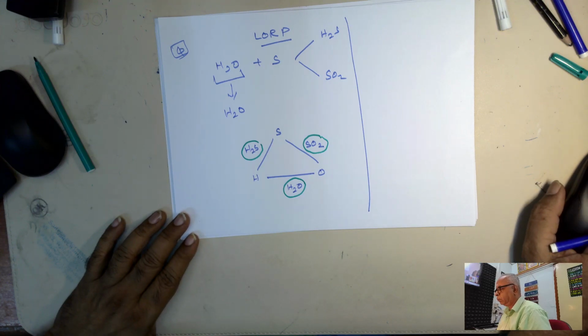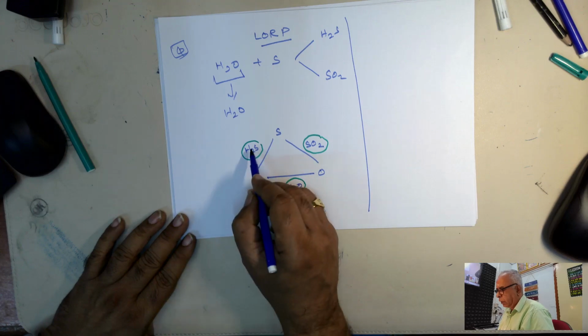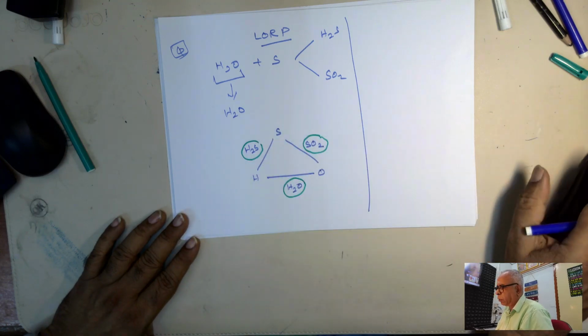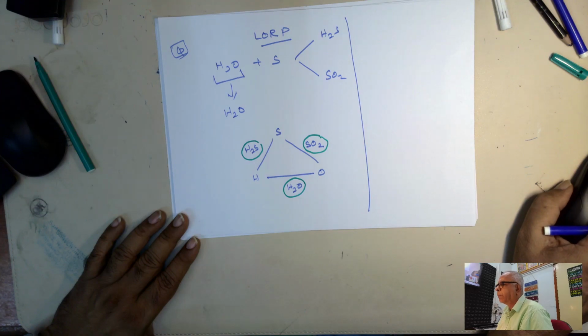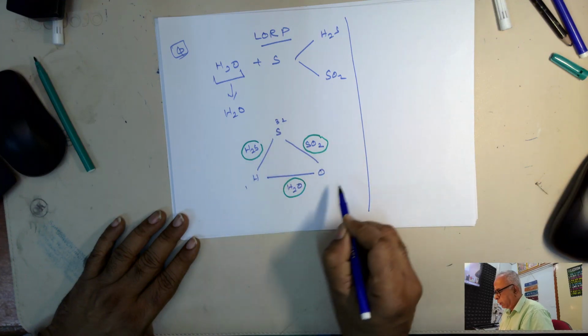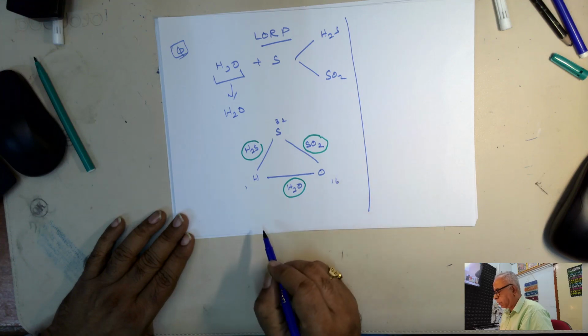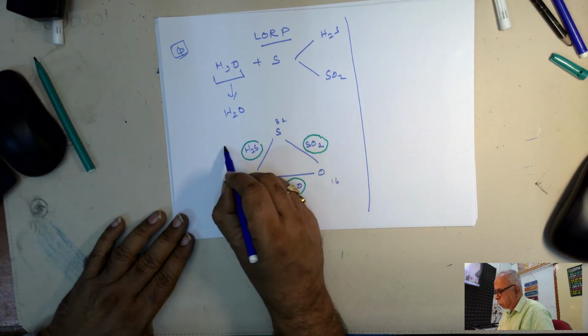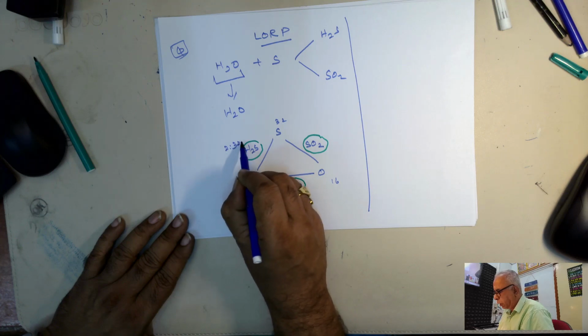Tell me. This atomic weight is how much? This is 32. This is 1. This is 16. Right? So H2 means 2 is to 32 ratio.